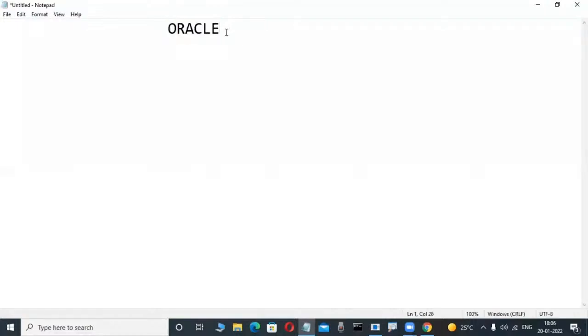But before that, some versions are there in Oracle. Oracle 1.0, 2.0, 3.0, 4.0, 5.0, 6.0, 6.1, 5.1 also. And now 7.0, 7.1, 7.2, 7.3, 8.0, 8.1.5, 8.1.6, 8.1.7.